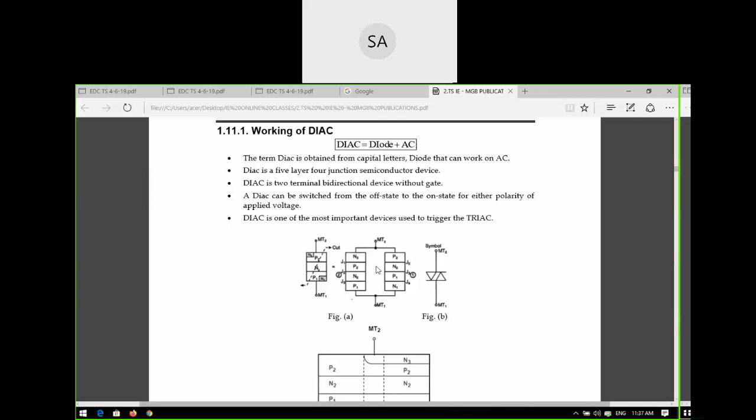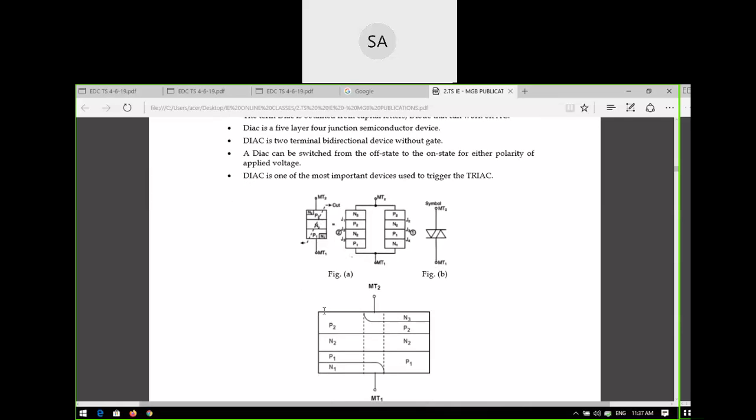The most important use of the DIAC is to trigger the TRIAC. Is it clear?